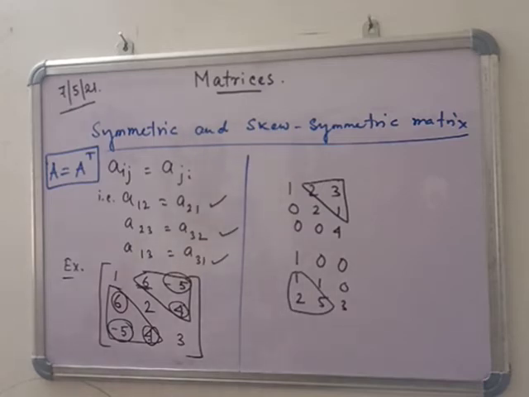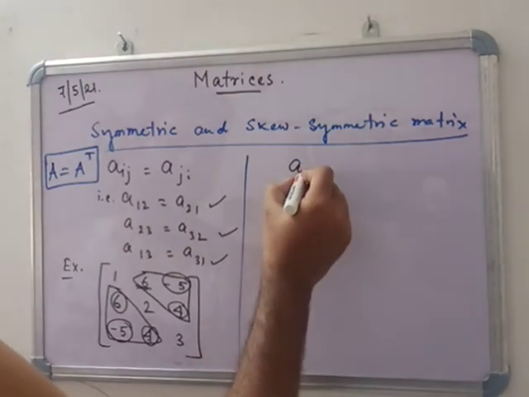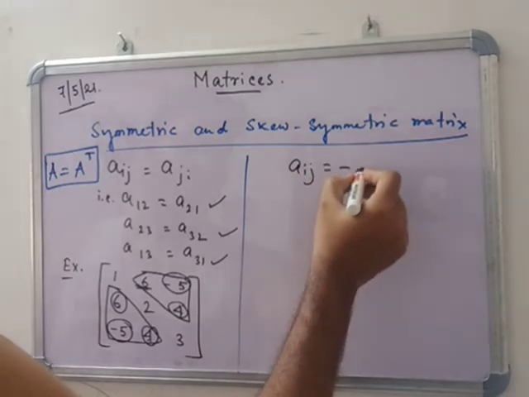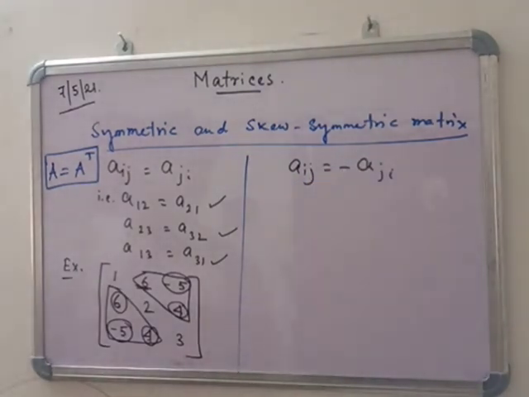Now, the skew symmetric matrix. For a skew symmetric matrix, Aij equals minus Aji. This is called a skew symmetric matrix.